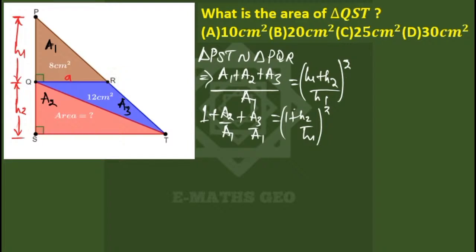But from here we can easily do the ratio of A3 to that of A1: area of A3 is half, the base is A, while the height is H2, over half, the base is the same as A, times H1.